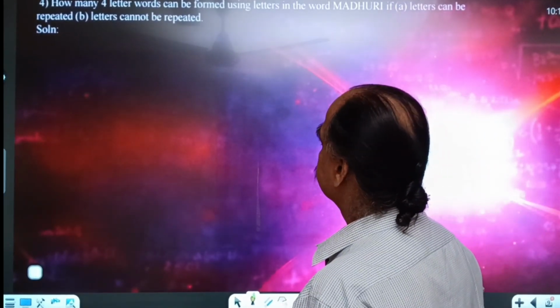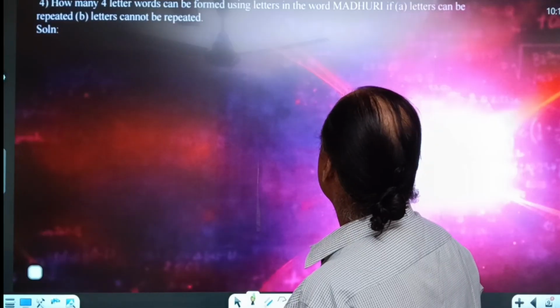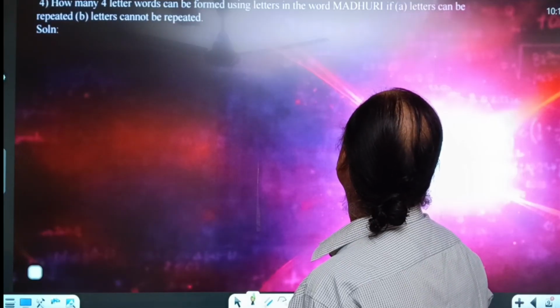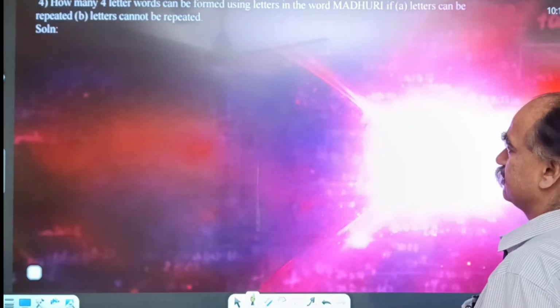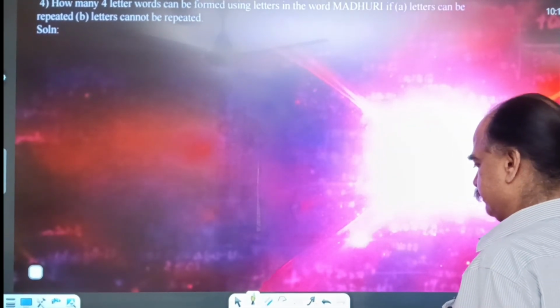How many four-letter words can be formed using letters in the word Madhuri, if number one, letters can be repeated, number two, letters cannot be repeated?